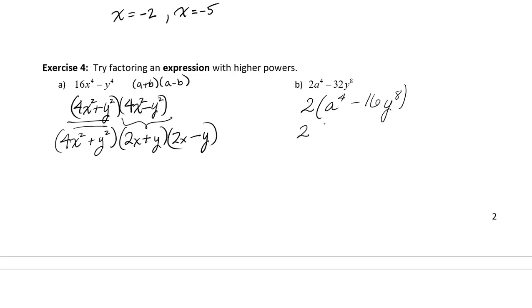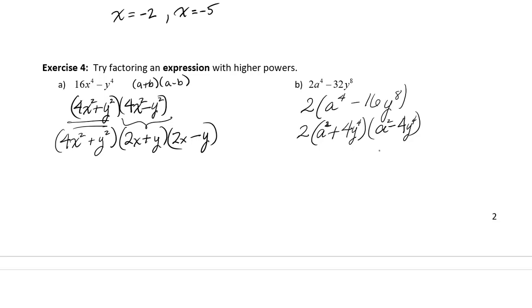And so I'm dropping down my common factor, GCF, and then I have a to the second, 16 is a perfect square of 4 and 4, and y to the 8th is a perfect square of y to the 4th and y to the 4th. And then I need a plus and a minus.